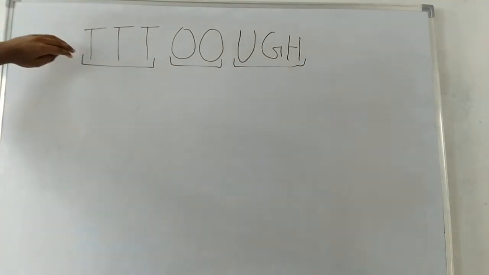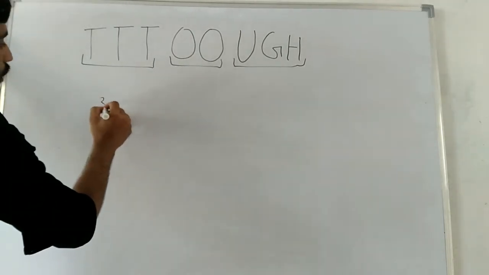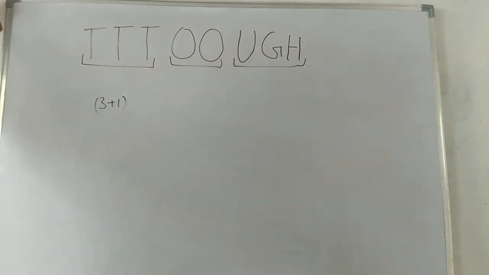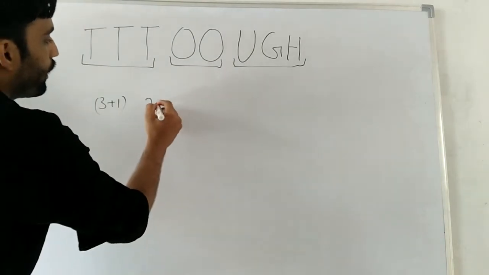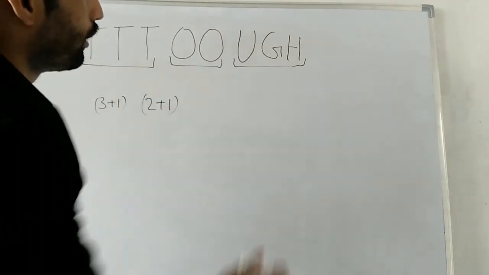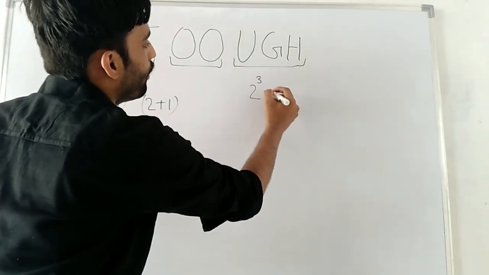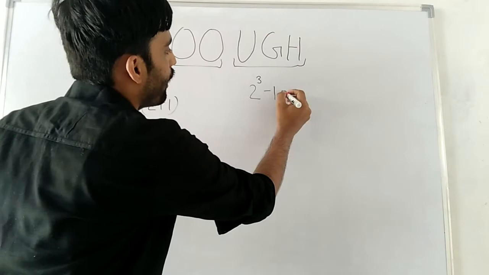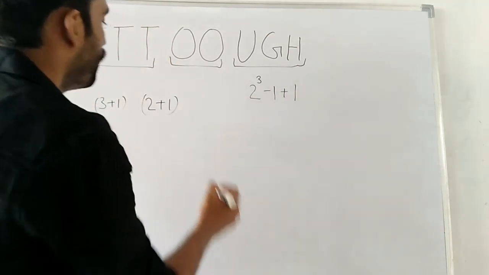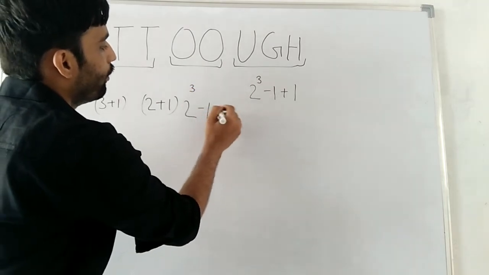So in these 3 T's we can choose 1, 2 or 3 or none of the T's. So there are 3 plus 1 cases of choosing 1, 2, 3 or none of the T's, and in these 2 we have 2 plus 1 cases of choosing, and these 3 letters are different. So we have 2 to the power 3 minus 1 cases of choosing any one of them, and we are also adding an extra case of not choosing anyone. So the total cases will become 2 to the power 3 minus 1 plus 1.